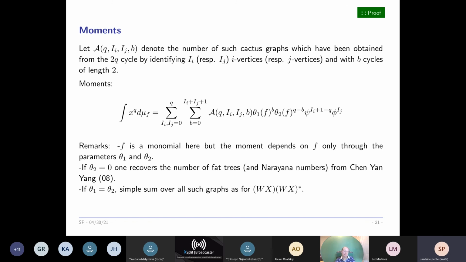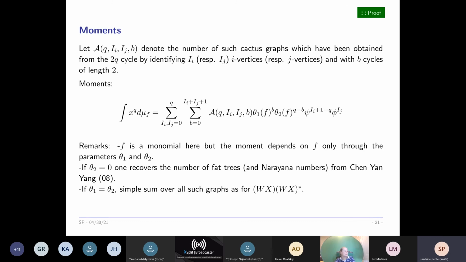Plus there are some terms which depend on the dimension. And if theta 2 is equal to 0, let me just mention that one gets the contribution in the limit only of those graphs with small cycles of length 2.